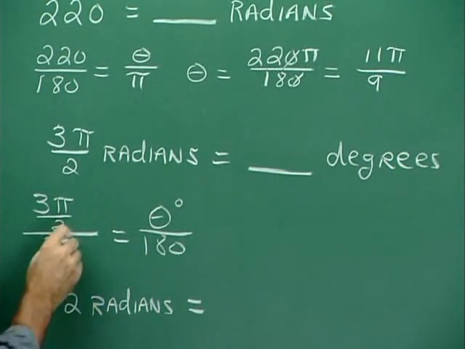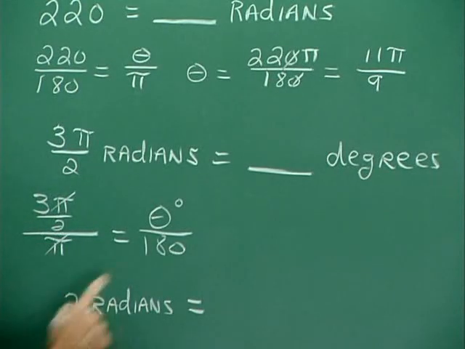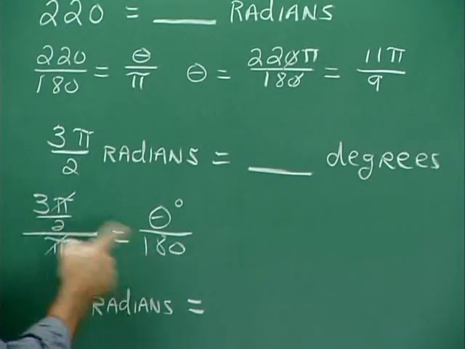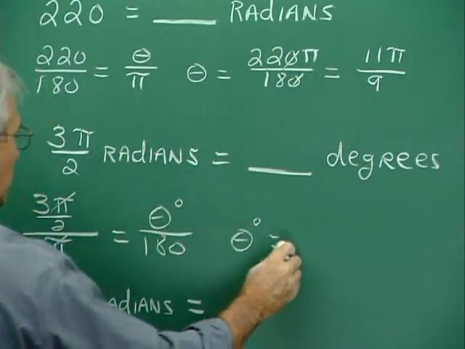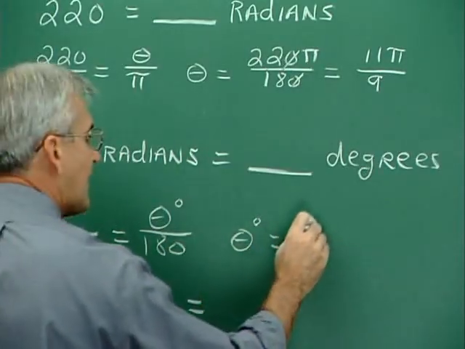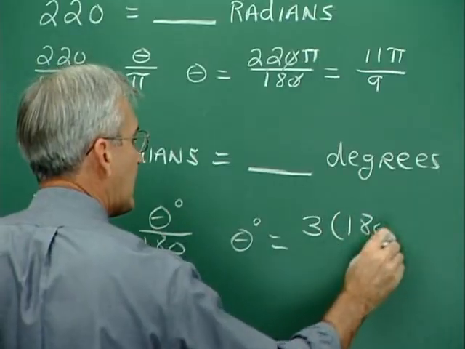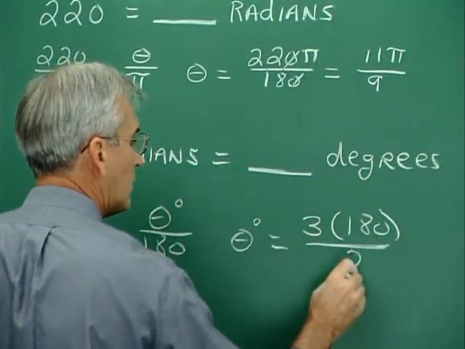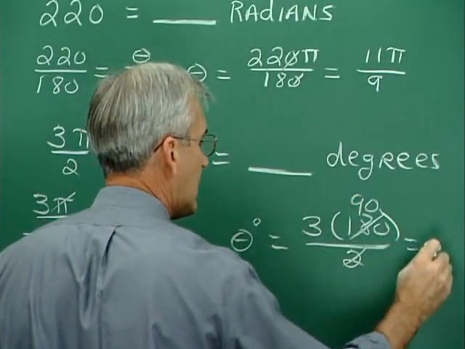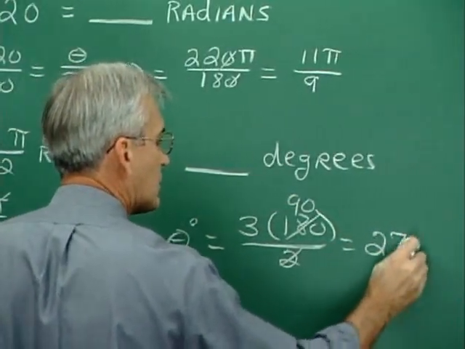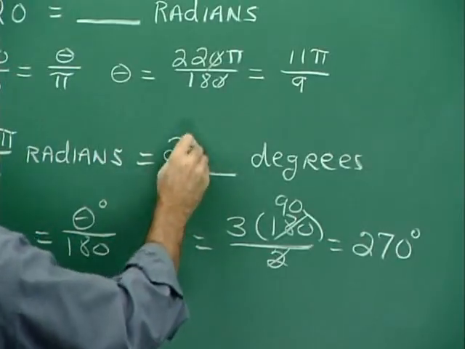Now, very quickly, the pi's go out here, and we have 180 coming over here. Multiply on both sides by 180, so we find theta in degrees equal to, now, I'll just write the factors, 3 times 180 over 2. And now the 2 in the 180, this is 90, 3 times 90, so we have 270. So this is 270 degrees.